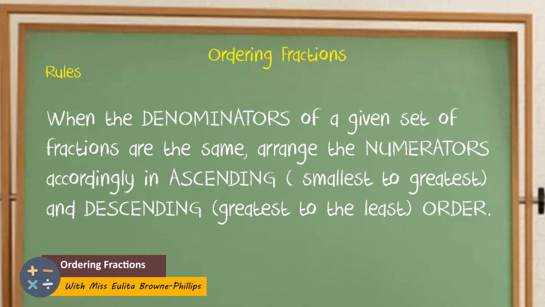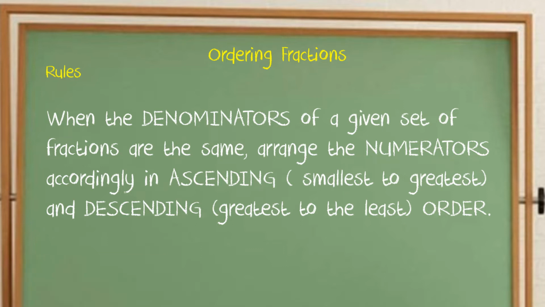What did we say the numerator was? The number we are talking about, the number at the top. We arrange the numerators accordingly in ascending and descending order. Ascending, moving from smallest to greatest. Descending, moving from greatest to smallest.